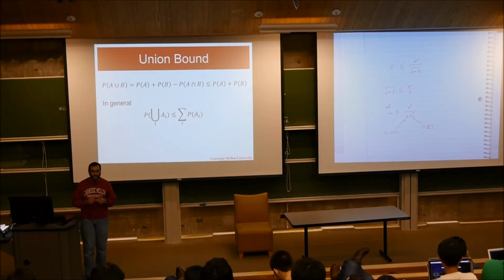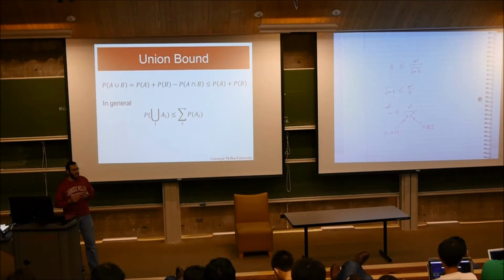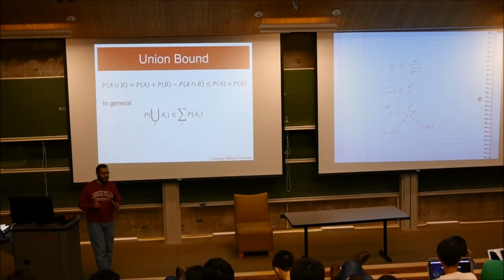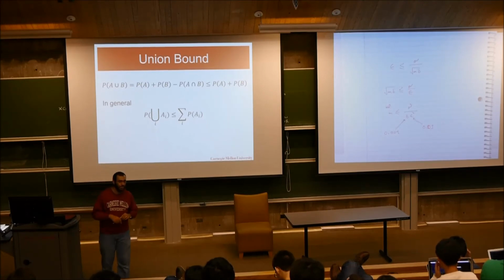And you can easily see it does not provide a tight bound because it assumes an atypical condition that there is absolutely no overlap. For this inequality to become equality, there has to be absolutely no overlap between events.